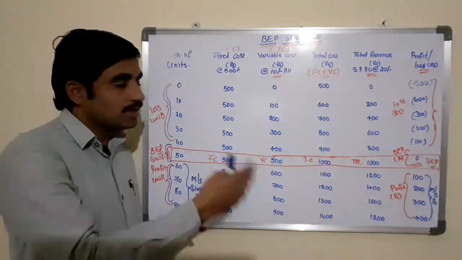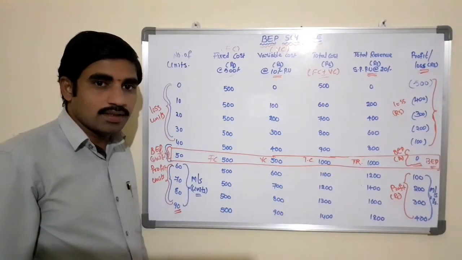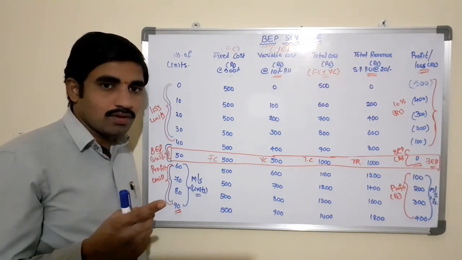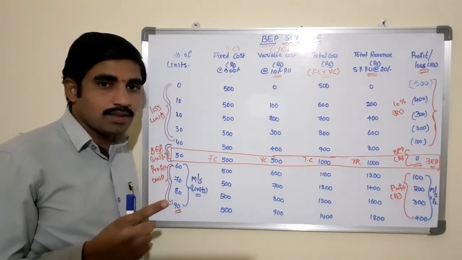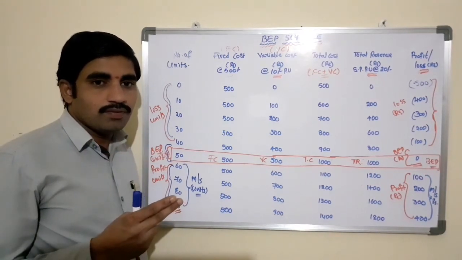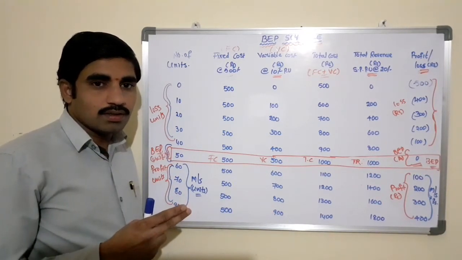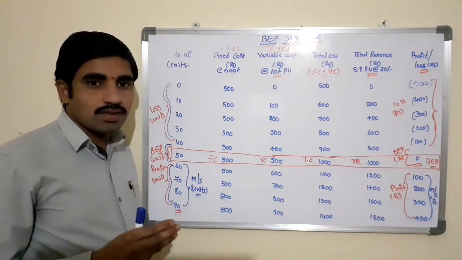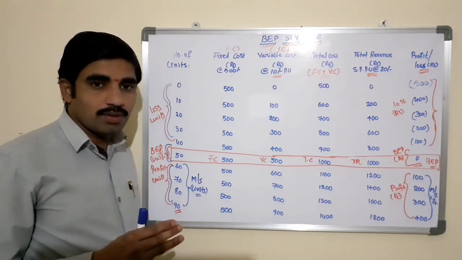Again, I am revising the break-even analysis assumptions. Number 1, fixed cost and variable cost should be classified separately; if not, it is not possible to determine the break-even point. Number 2, the variable cost of production will change according to the level of production. Number 3, the variable cost per unit remains constant irrespective of the level of production.